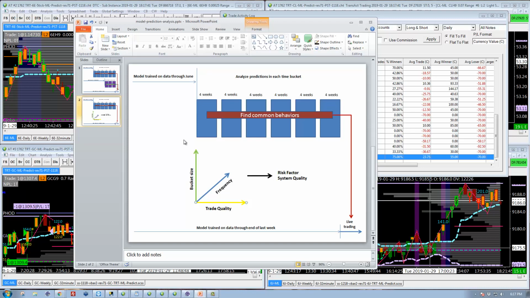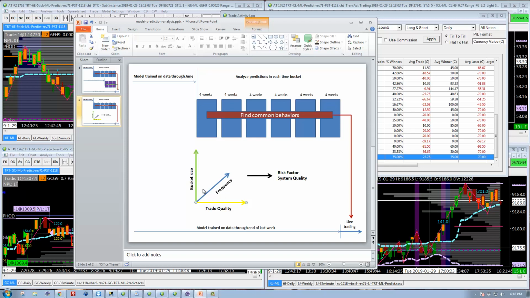I can very easily change the bucket size to 2 weeks and look for more frequency with higher or lower trade quality. I can tune those values in the analysis and find the sweet spot for each one of them.